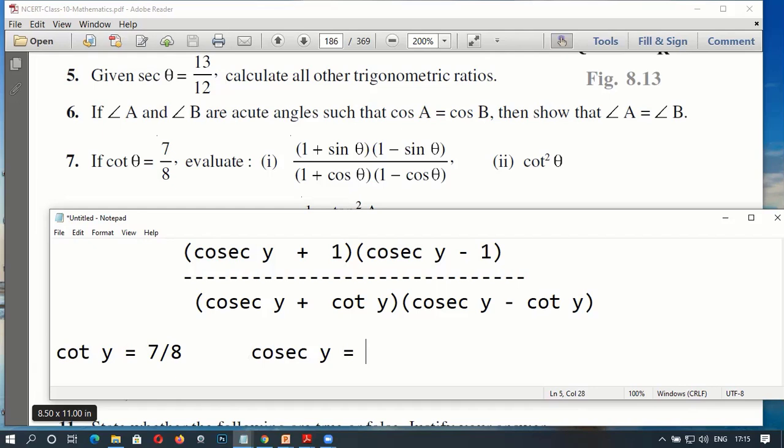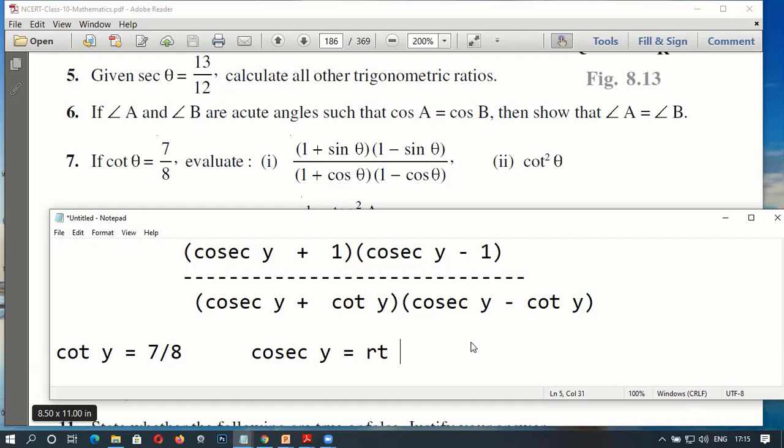So 1 plus 7 by 8 whole square, 49 by 64. 1 is 64 plus 49, that's 113.